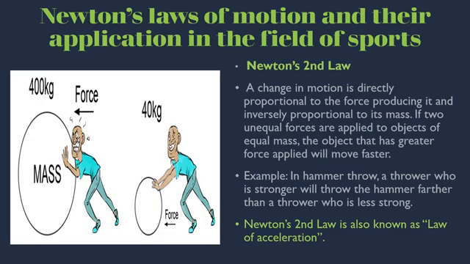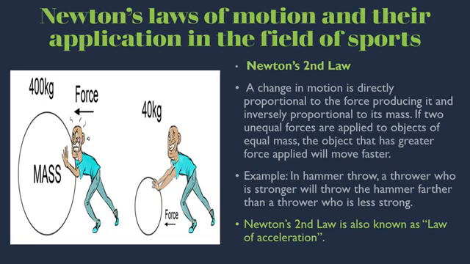Here is Newton's second law. The acceleration of an object is directly proportional to the force causing it, is in the same direction as the force, and is inversely proportional to the mass of the object. In simple words, when a force is applied to an object, it will move in the direction the force was applied, and depending on the size of the force and the size of the object, it will accelerate accordingly.